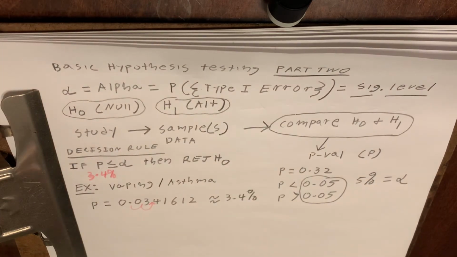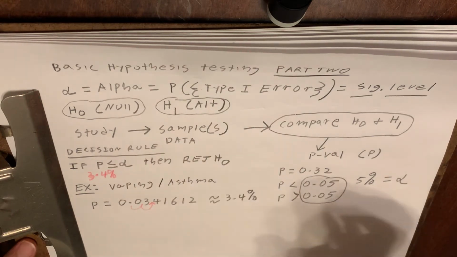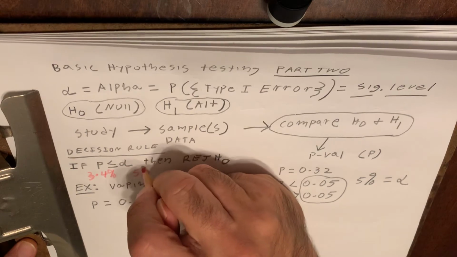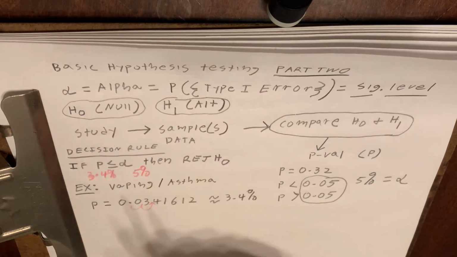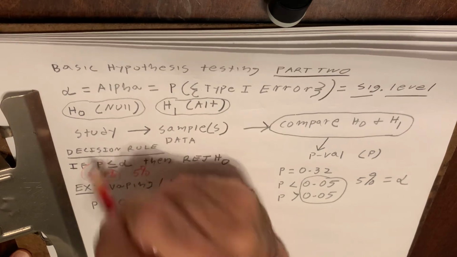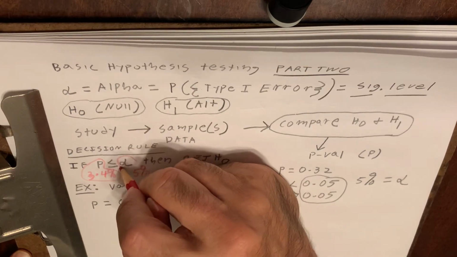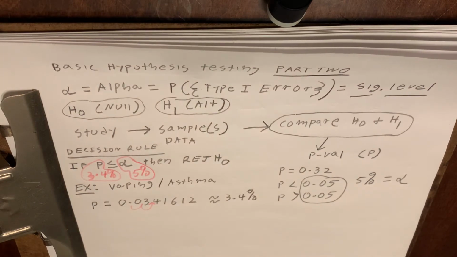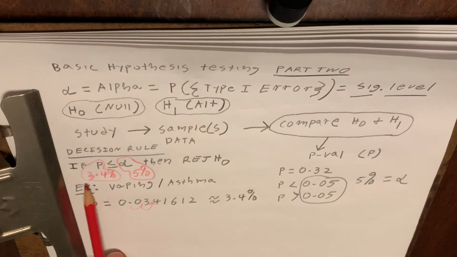Okay. And the standard level of significance in most scientific endeavors is 5%. So I'm going to put this here. So here's your p-value, 3.4%. Here's your significance level, 5%. And you can see that 3.4% is certainly less than or equal to 5%.